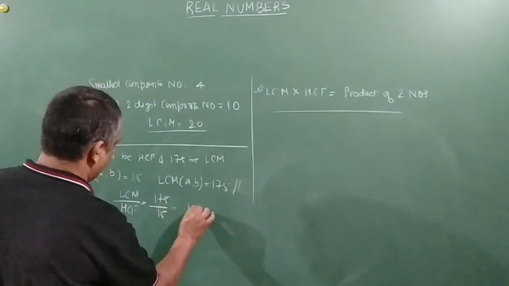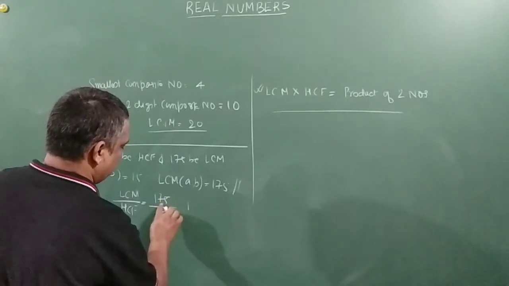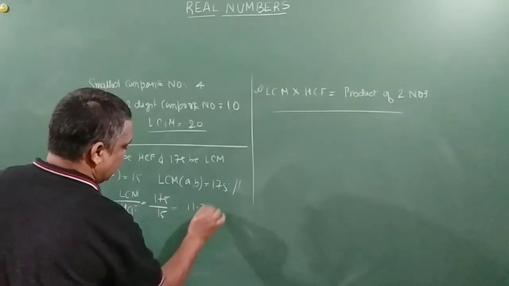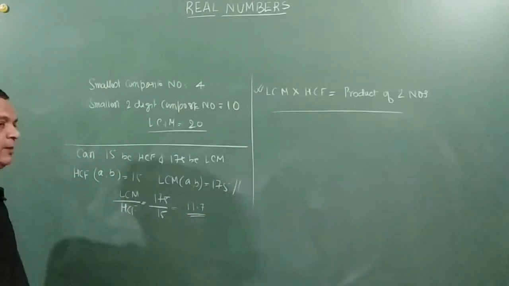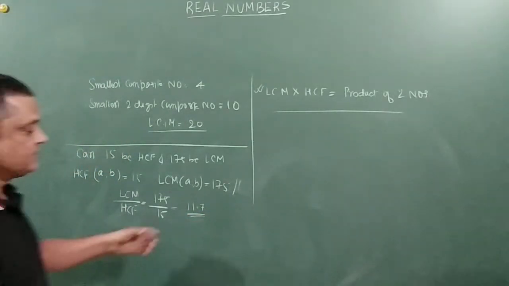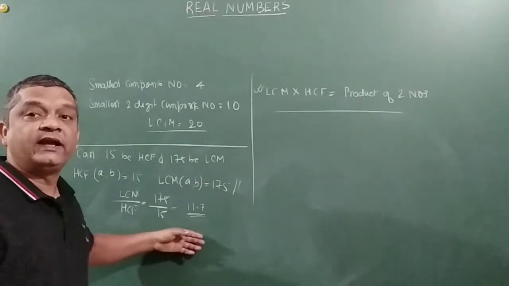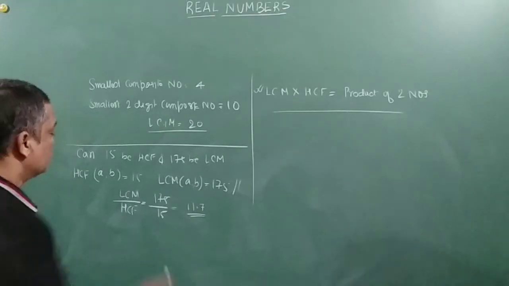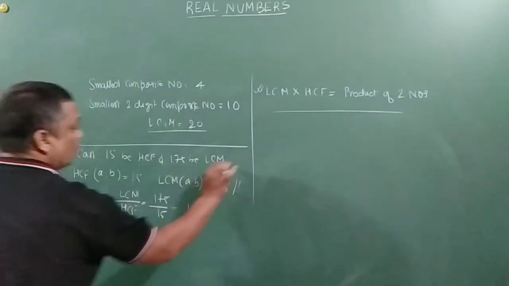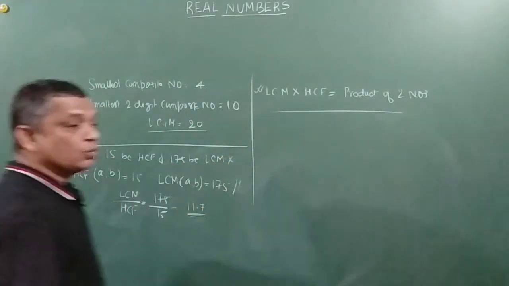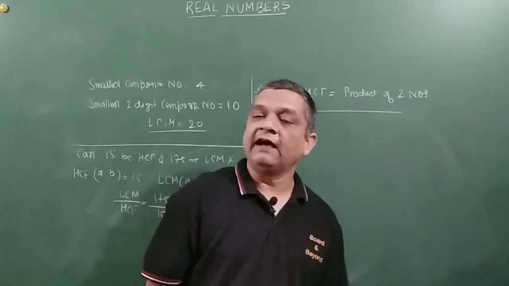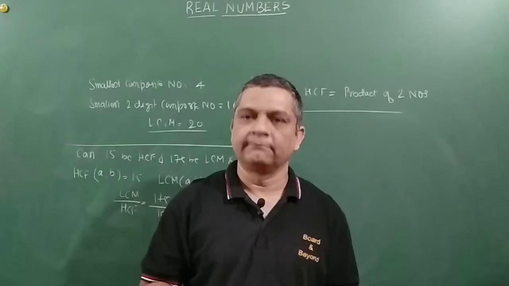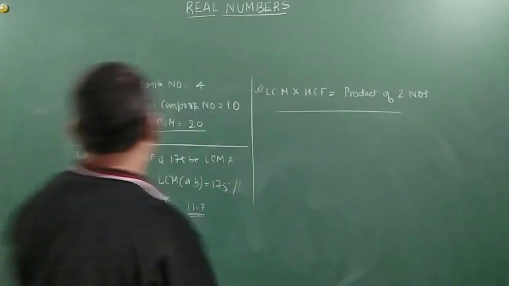No, it comes in fraction. 11.7 it is coming up to, right? So friends, it should divide exactly. Since this is not dividing exactly, this statement is not true. There are no two such numbers which can have HCF as 15 and LCM as 175. So answer is no, right?